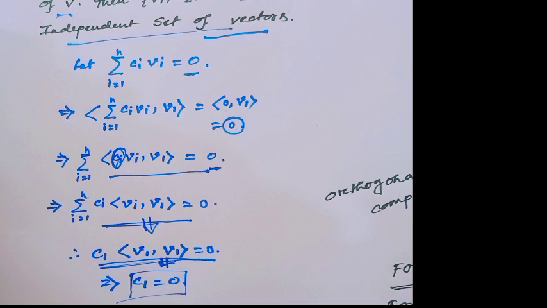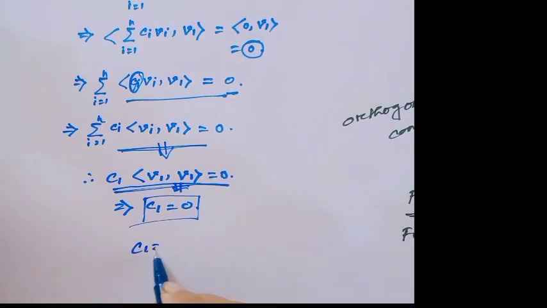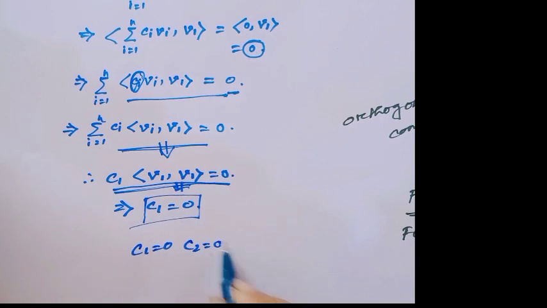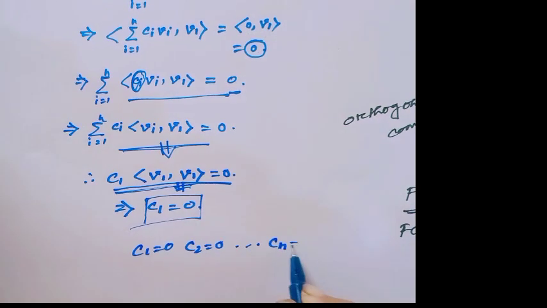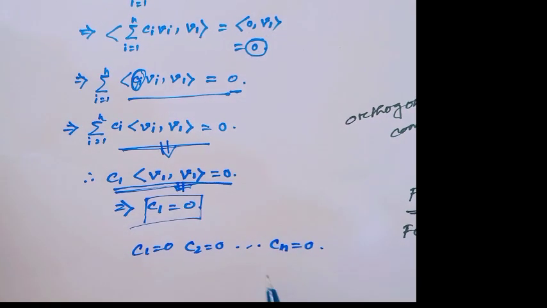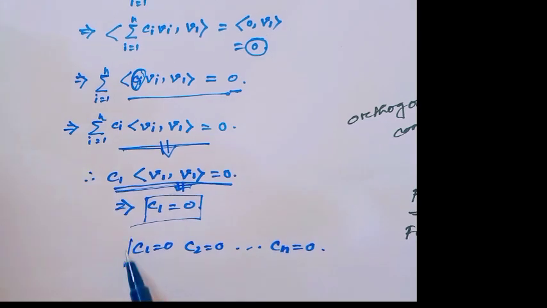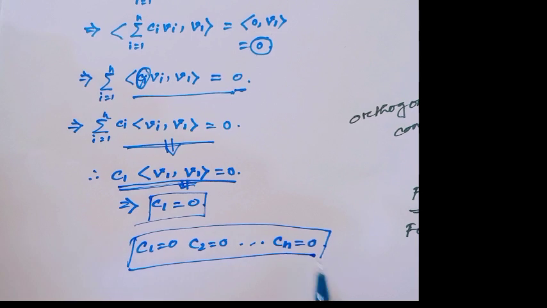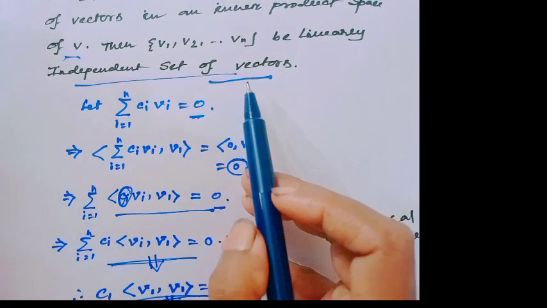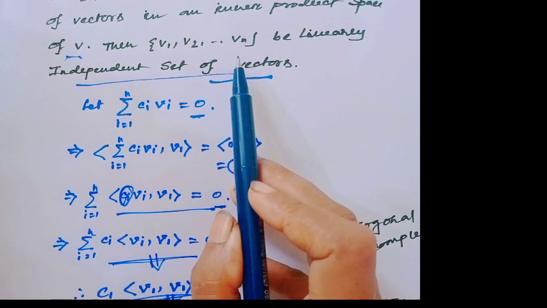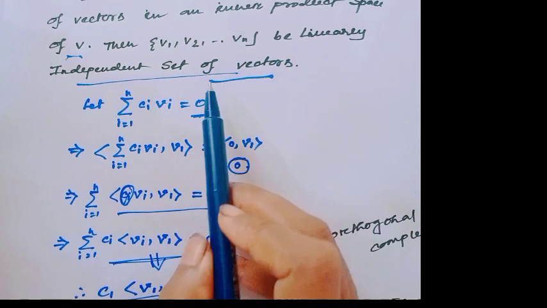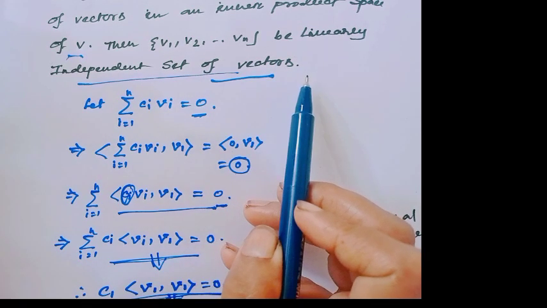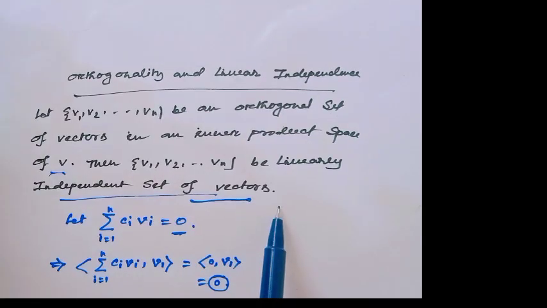That means, similar to before, C1 equals 0, C2 equals 0, up to Cn equals 0. Since all of C1, C2, Cn equal 0, obviously the vectors V1, V2, Vn are a linearly independent set of vectors. Are you getting it?